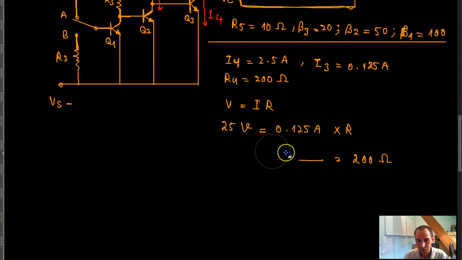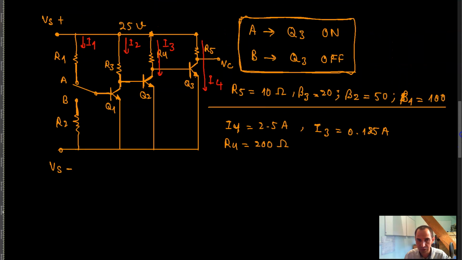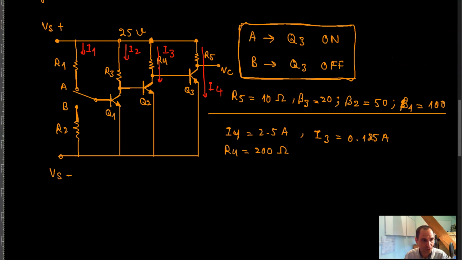Now you need to use the same strategy in order to turn all of these transistors on, and that's basically all the same thing: you have to see how much collector current you have, how much base current you need, and based on that put the resistor over here.